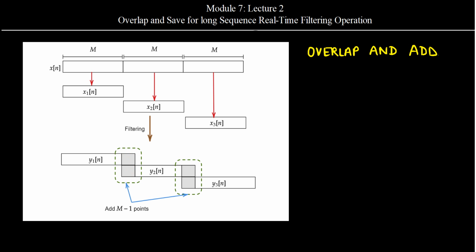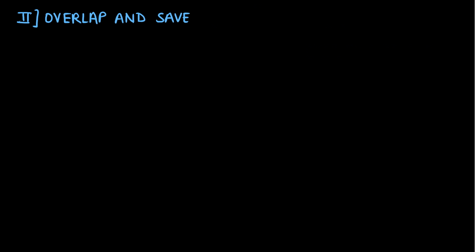So now in this lecture, let us look at that method. For this method, we are going to consider the length of the filter as, say, m, and let the filter be given by h of n.